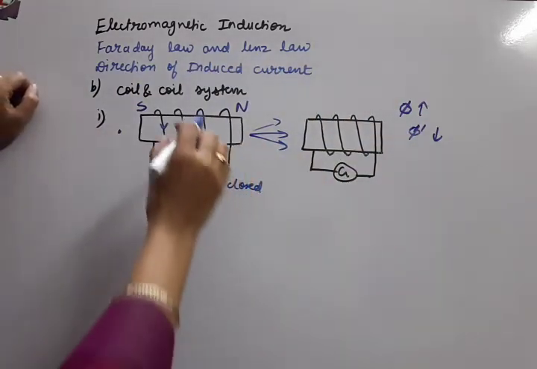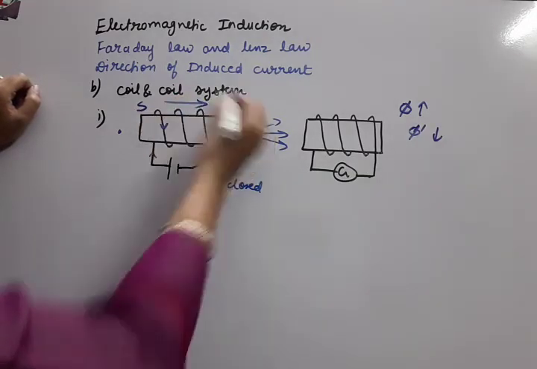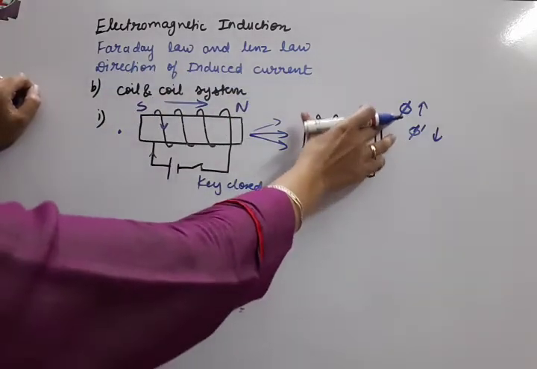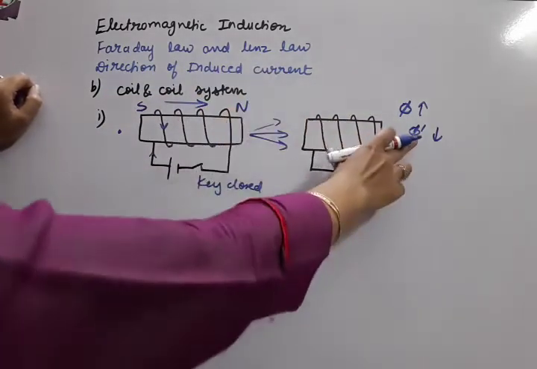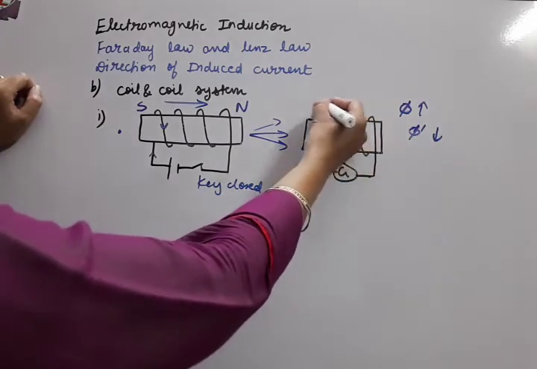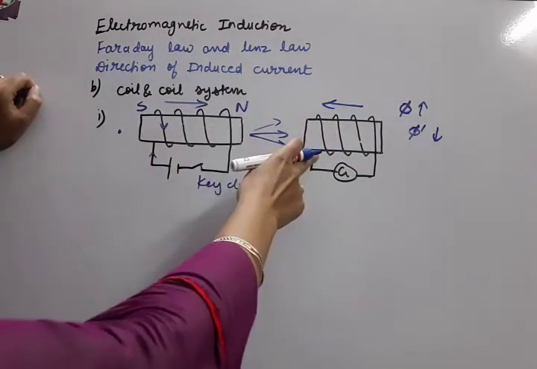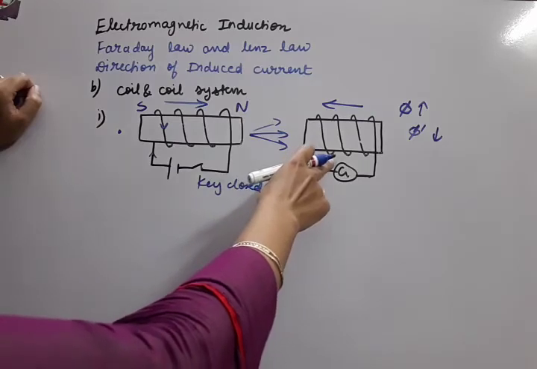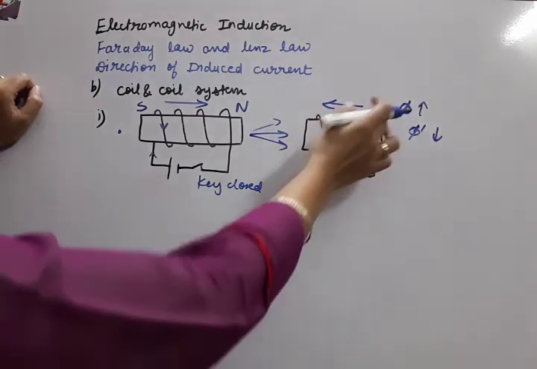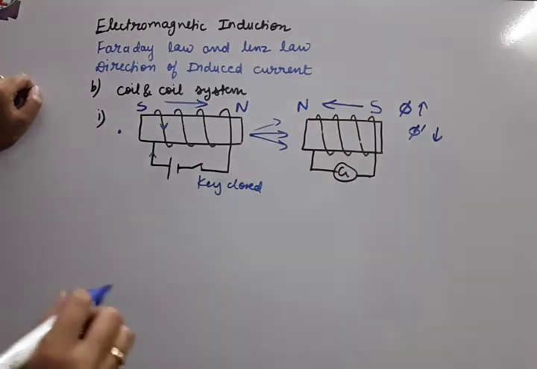Now just understand, if the magnetic field line is from south to north, one vector is in this direction. If we have to decrease the net magnetic flux, then the magnetic field line of the coil should be opposite. That's why only the net magnetic flux will decrease. So if the magnetic field lines of this coil should be in this direction, this should be the south pole and this should be the north pole.